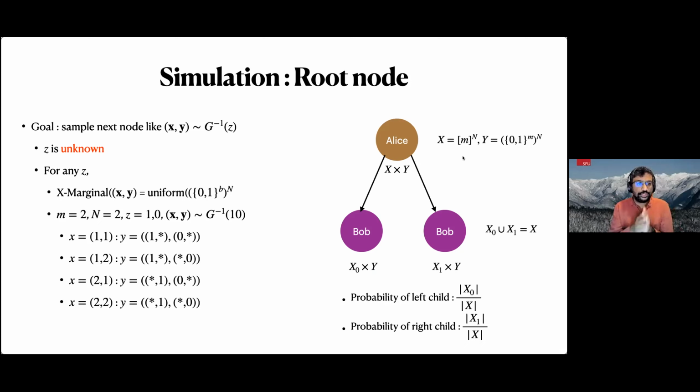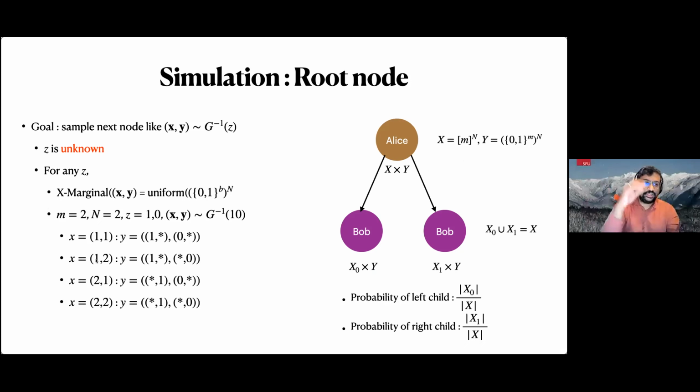Because the players haven't started communicating, they have not eliminated any inputs as their possible inputs. So Alice can get any bunch of n pointers, and Bob can get any 0, 1 string of length M. What is our goal here? We want to sample the next node.